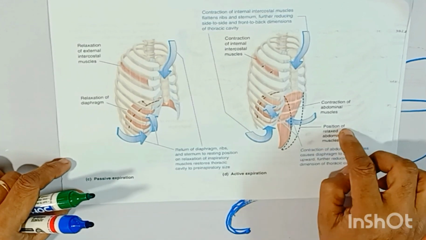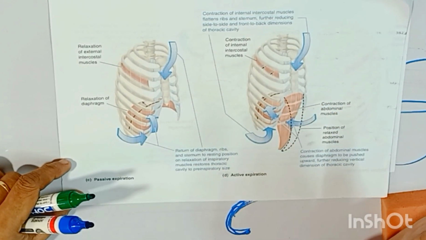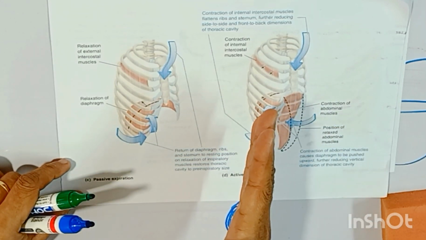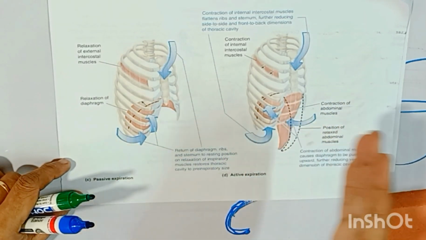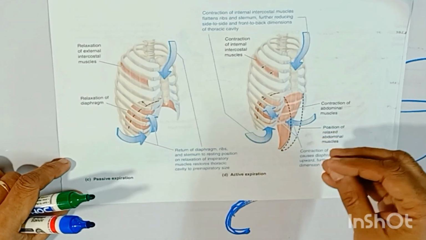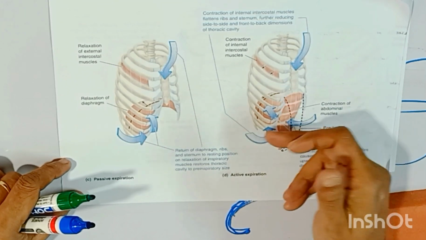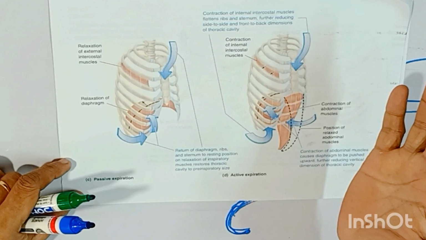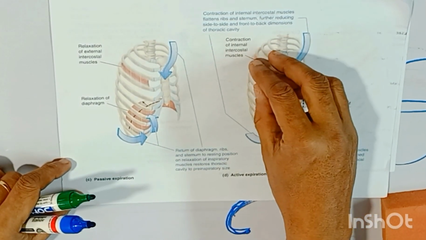The relaxed abdominal muscles position the belly outward, and when the abdominal muscles contract they push the belly inside the body. This compresses the abdominal organs, and these organs now push the diaphragm up, and the diaphragm assumes that dome shape, and so the volume is decreased.